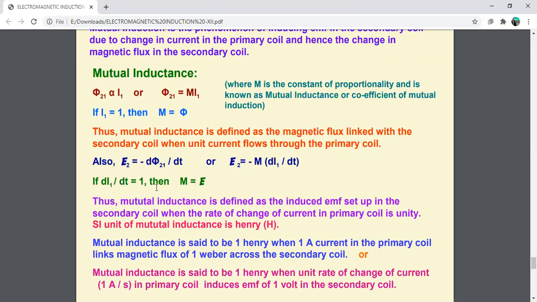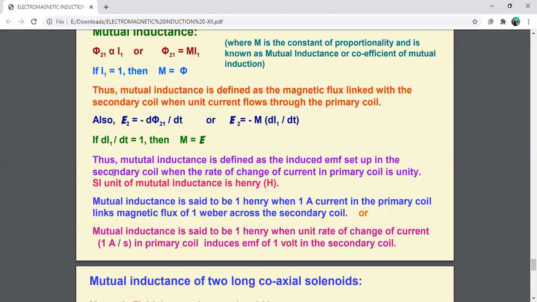So in this context, we can define mutual inductance. Mutual inductance or coefficient of mutual induction can be defined as the EMF set up in the secondary coil when the rate of change of current in the primary coil is unity. Then this EMF is just equal to the coefficient of mutual induction.